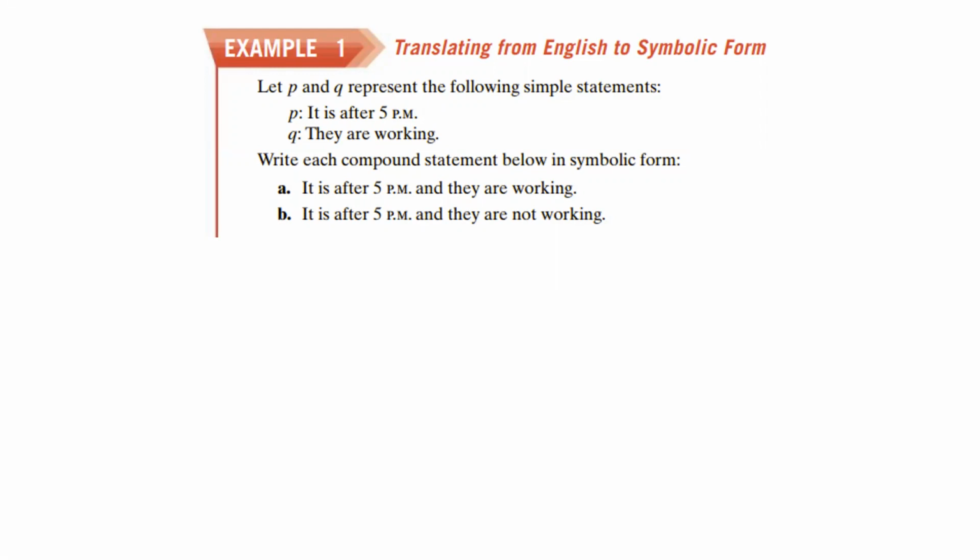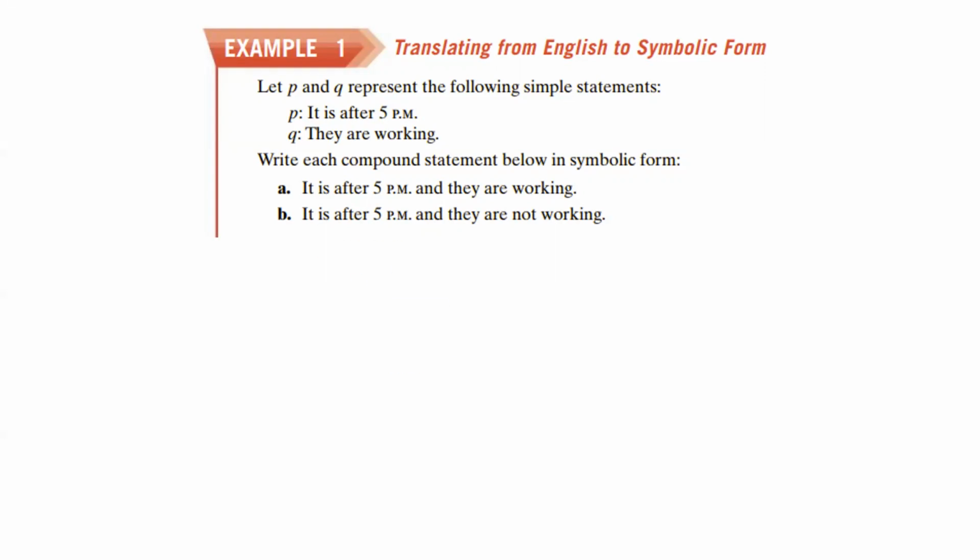P says it is after 5 p.m. Q says that they are working. So we want to write each compound statement below in symbolic form. Compound statements just means we're going to take statements and put them together somehow. In this case, we have is after 5 p.m. and they are working.